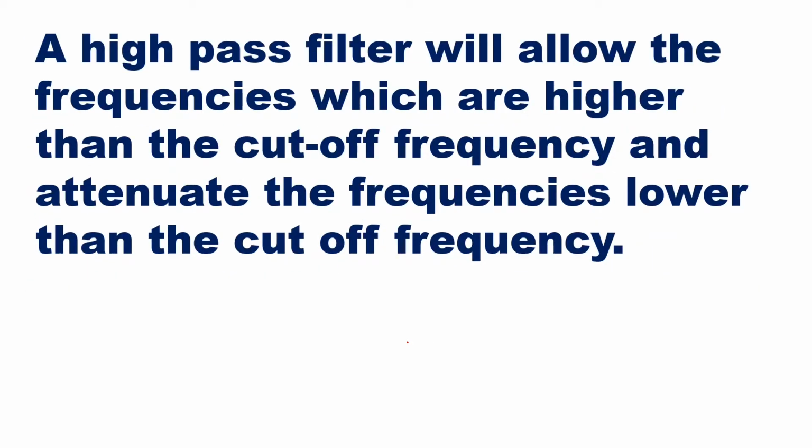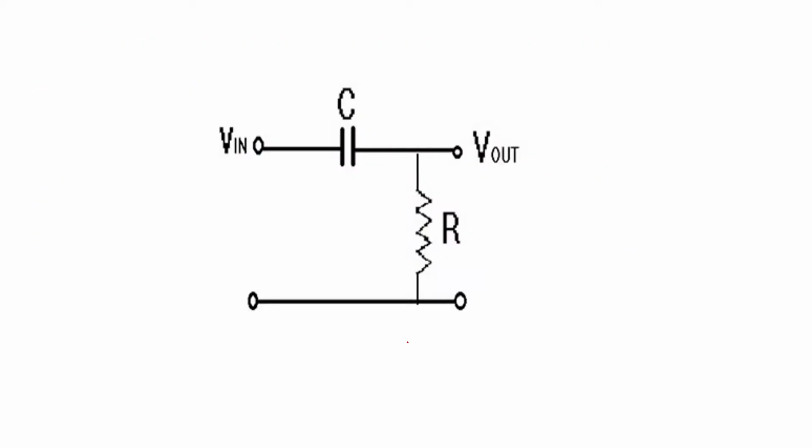Same definition, if you go the other way, a high pass filter will allow the frequencies which are higher than the cutoff frequency and attenuate the frequencies lower than the cutoff frequency. Now, basically, a high pass filter can be achieved by connecting a capacitor in series and a resistor in parallel.